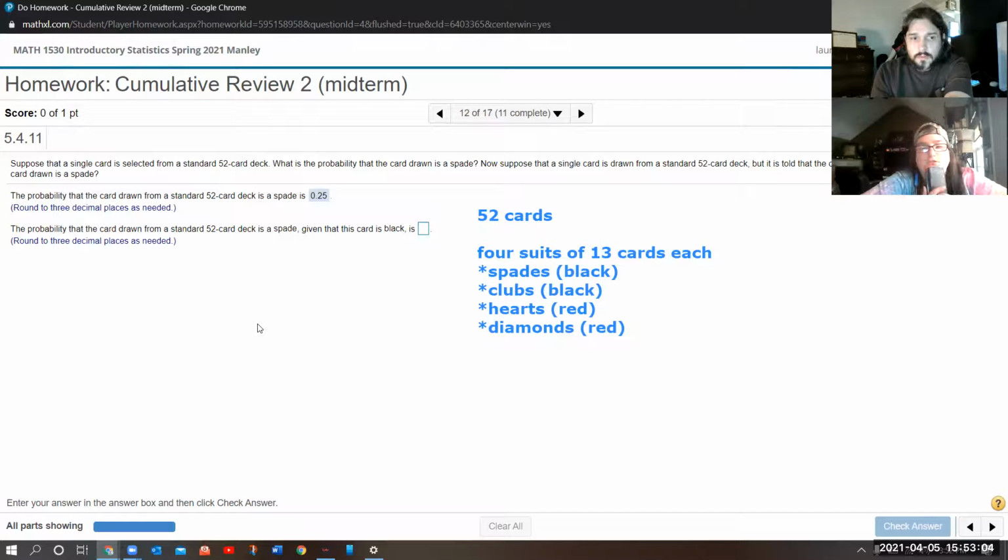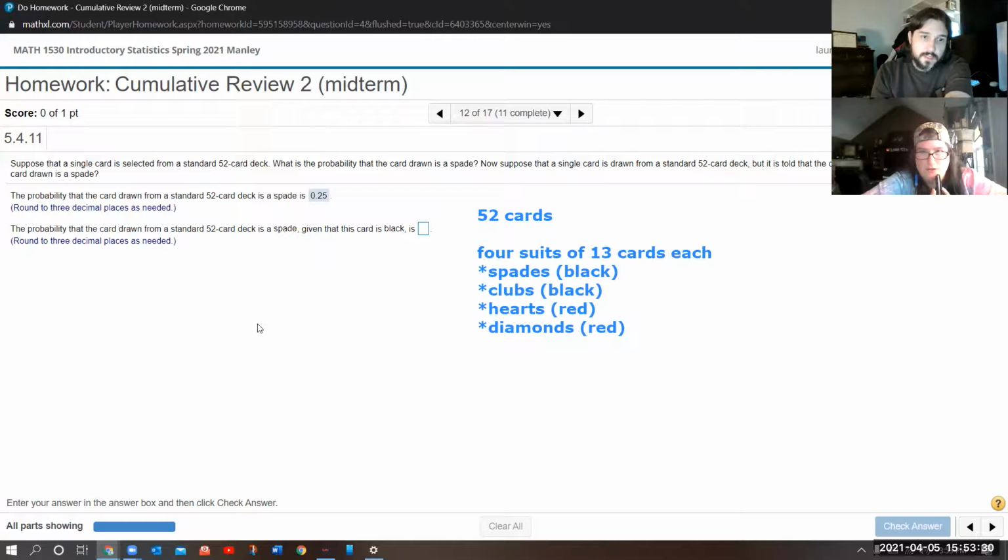No. If you're working with a given, that means you're only going to be looking at whatever your given is. In this case, the given is that the card is black. So how many suits are black? 2. There are only 2 suits that are black.